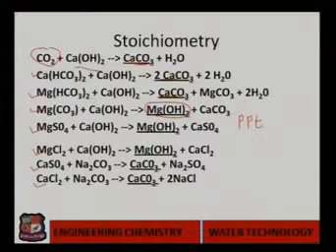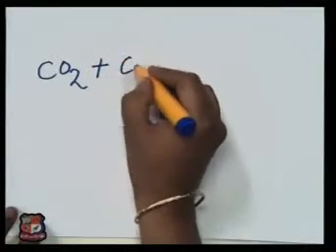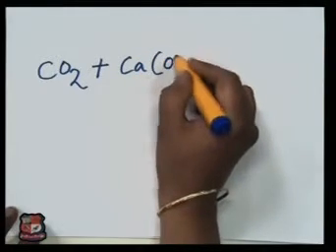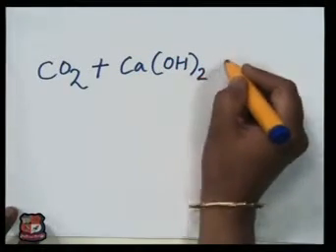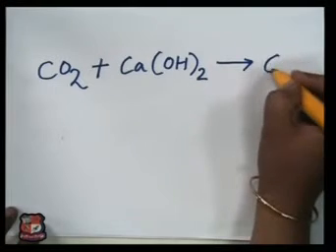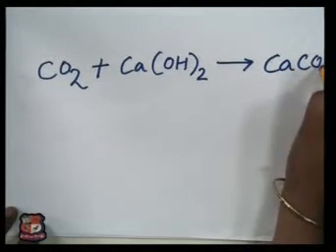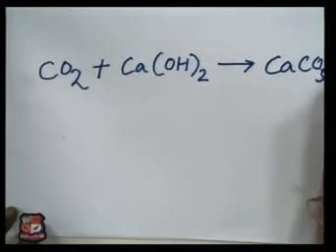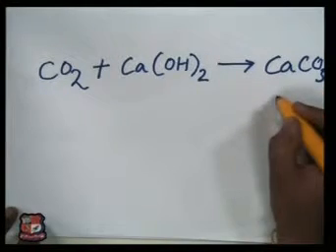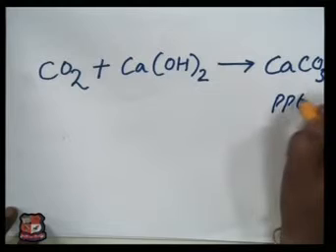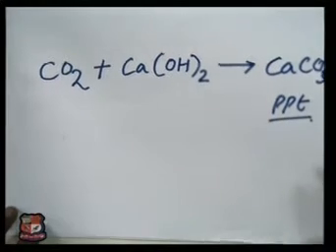All these reactions will happen like this: CO2 plus Ca(OH)2 gives CaCO3 plus water. The down arrow here denotes the formation of precipitate.